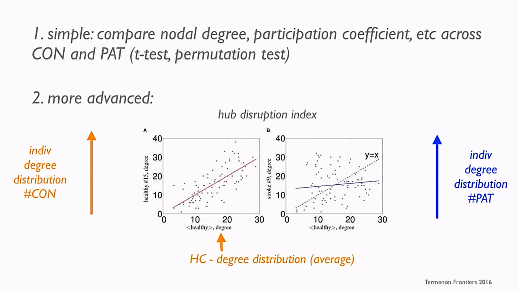So for every one of the individuals, we get a correlation coefficient expressing how well the individual degree distribution fits to the normal population. And then if the patients would be different, their distribution would be different from the average distribution, so therefore the correlation would be low, and that's actually what we can test between the two populations. So this might be a way to test the entire degree distribution.